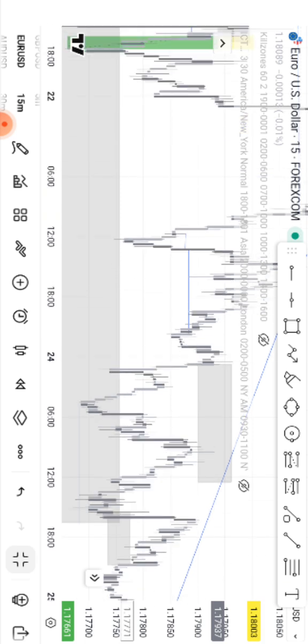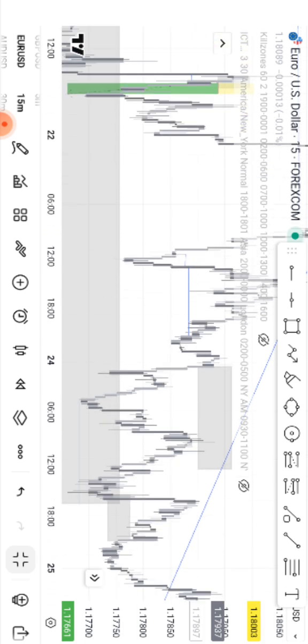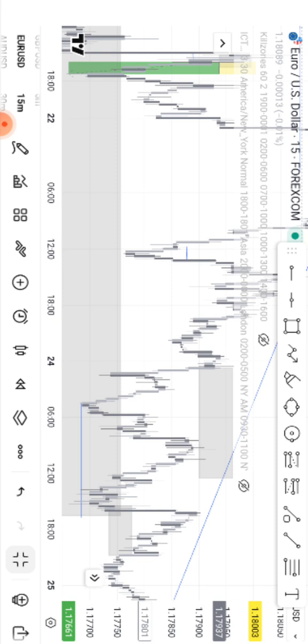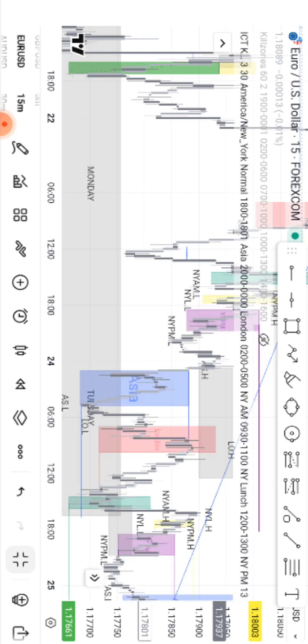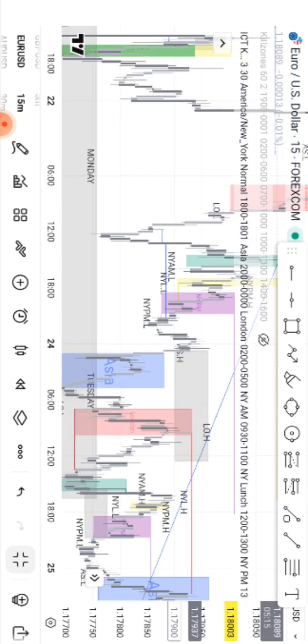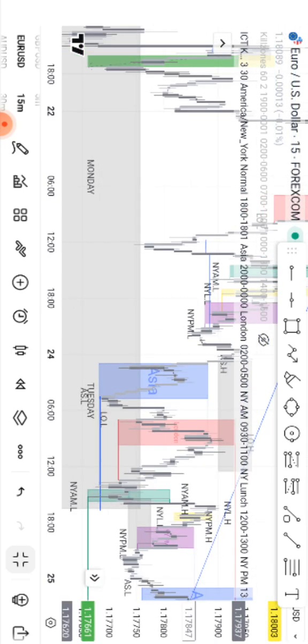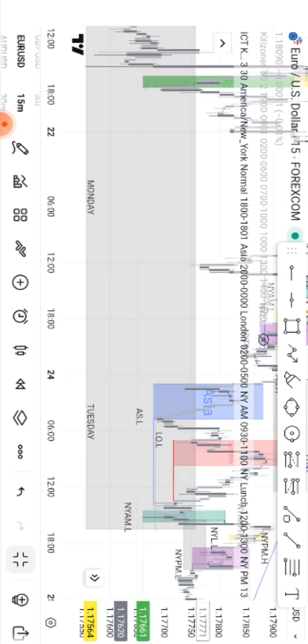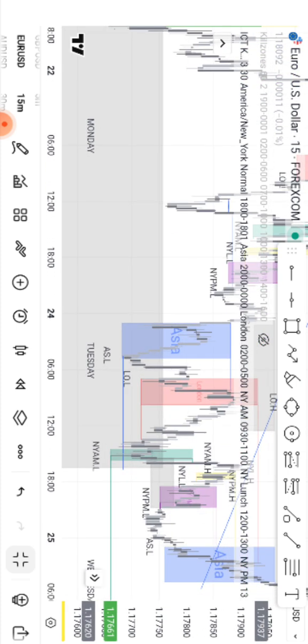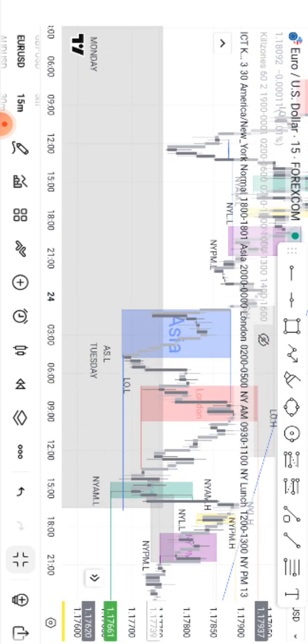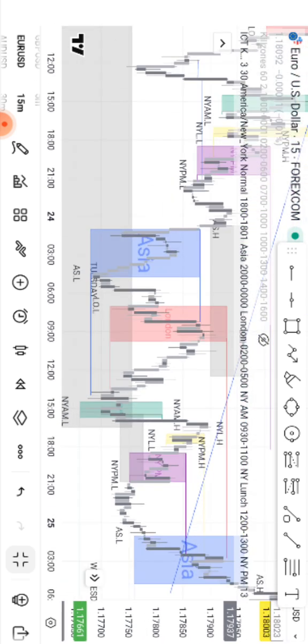Normally I would have taken this long here, but we both know there is liquidity sitting below here. After price swept the Asian high first, I knew the Asian low cannot be left, or it's almost always not left unswept. So I waited for price to come back down and sweep the Asian low.